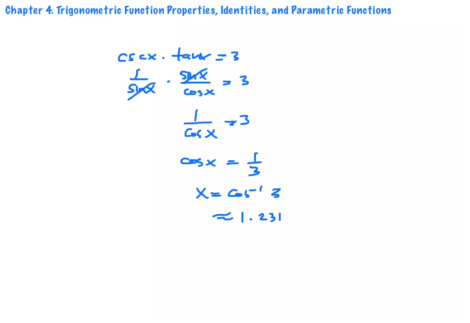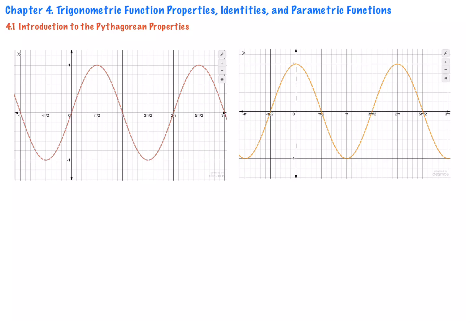So let's start. The first one will be the Pythagorean properties. I'm going to review again on section 4.2. I presented over here two figures. As you can see, the first one is related to the sine function, right?